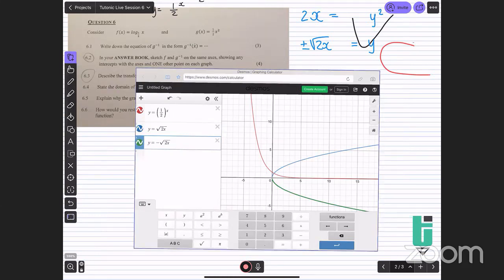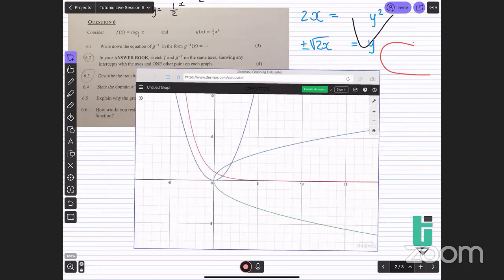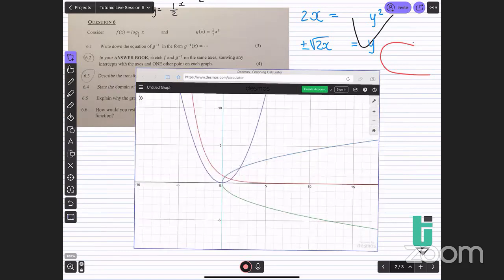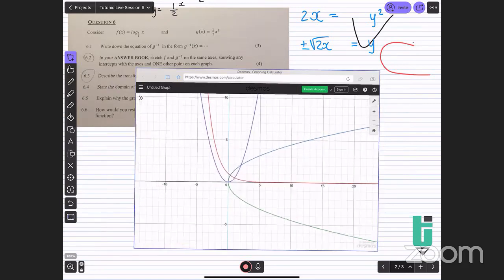And then the other one is y equals a half x squared. Do you see that's the parabola, and then the blue and the green are inverses? You guys see that? Yeah.